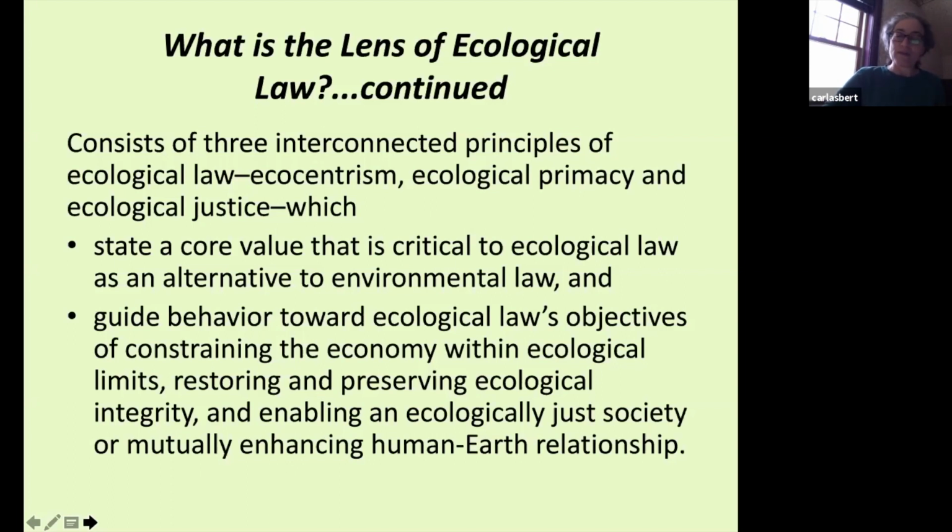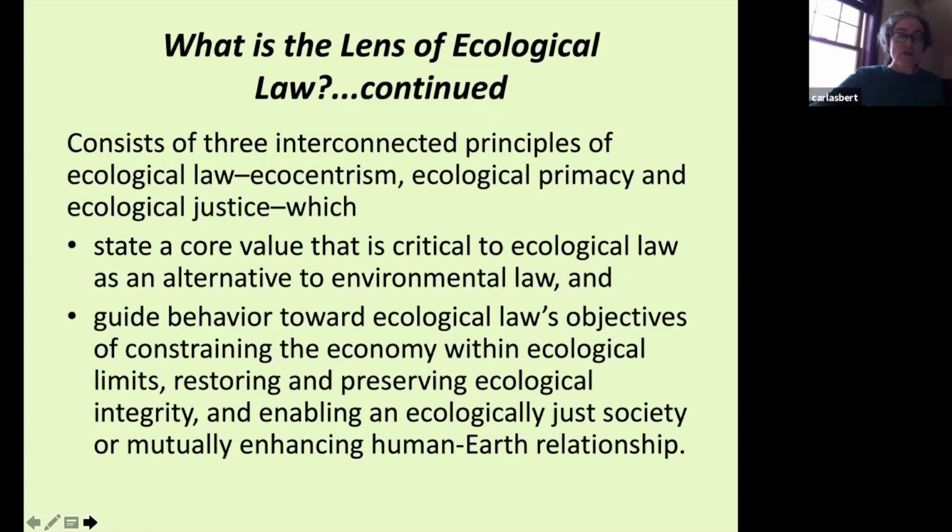So a principle of ecological law states one or two or more core values that guide behavior toward ecological law objectives. As I understand them, based on my review of scholarship, the objectives are to constrain the economy within ecological limits, to restore and preserve ecological integrity, and to enable an ecologically just society, or a mutually enhancing human-earth relationship. And there's obviously a bit of a progression in those objectives.